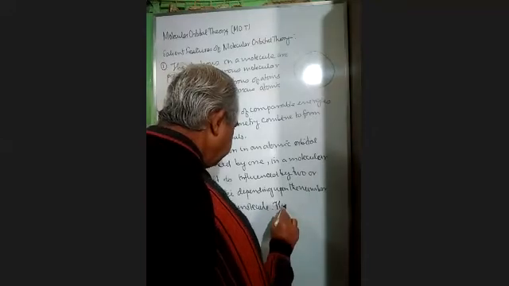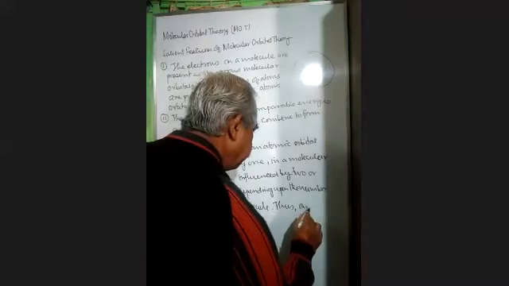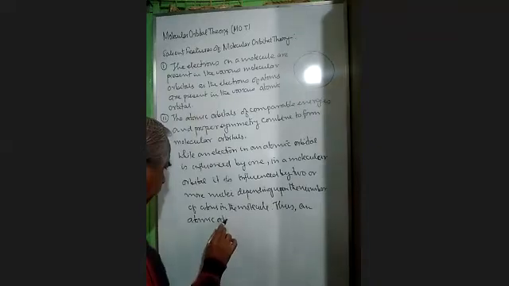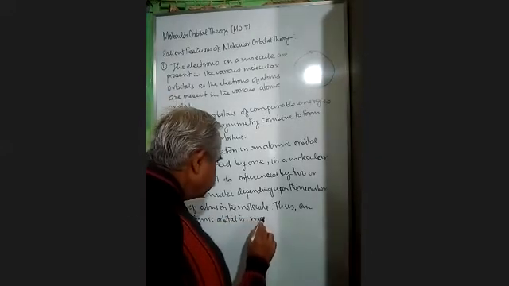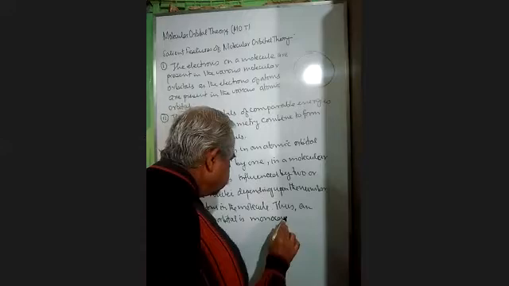Thus, an atomic orbital is monocentric. What is monocentric?